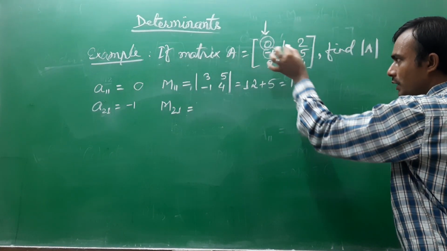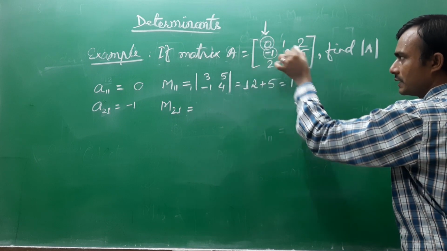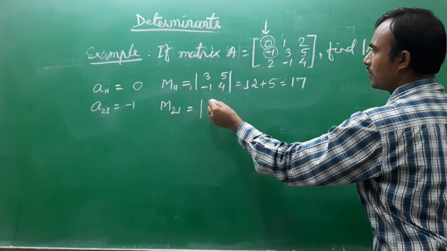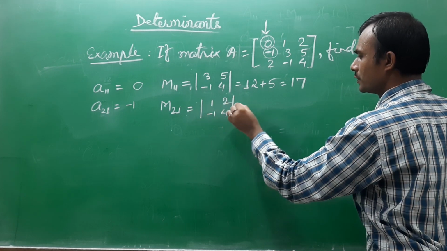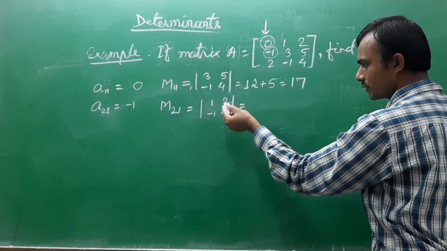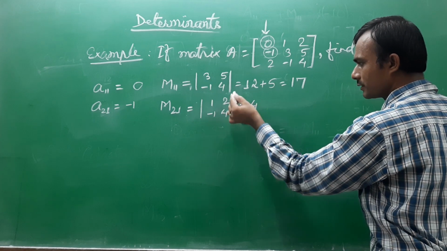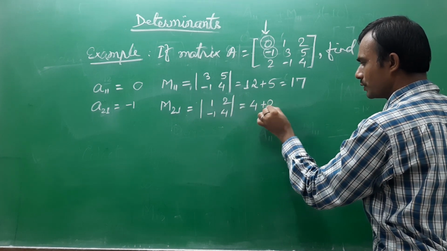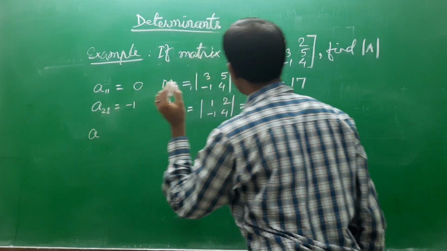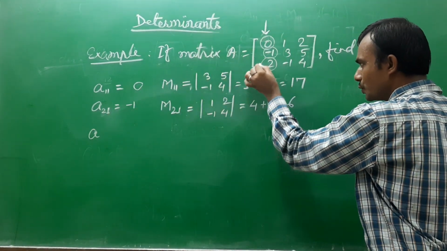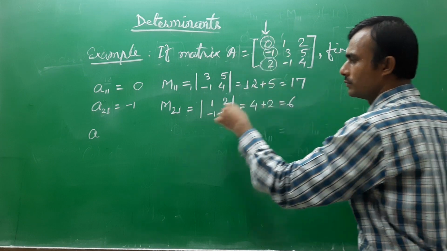Delete the second row and first column. So we now have 1, 2, minus 1, 4. Then go with the cross multiplication: 4 minus of minus 2 is plus 6. Now the third element is 2, third row and first column.